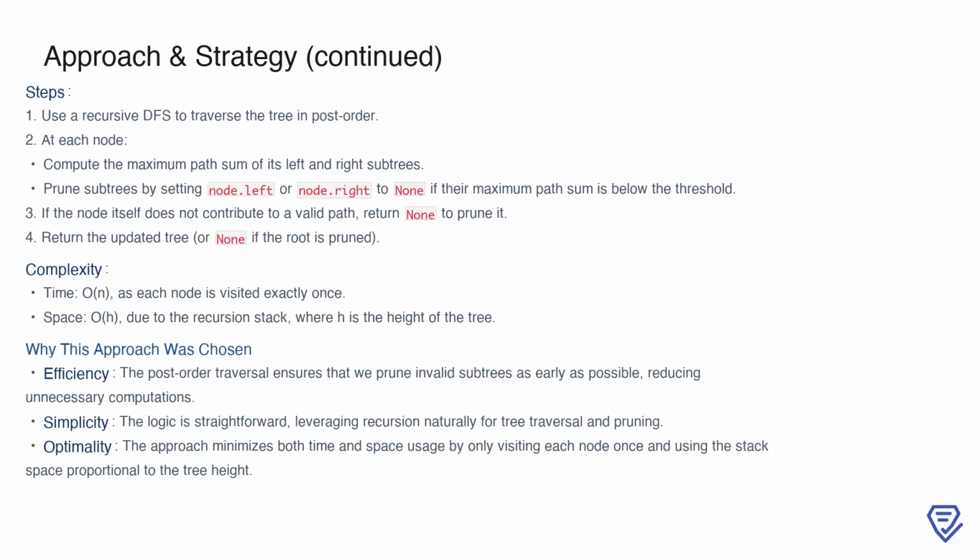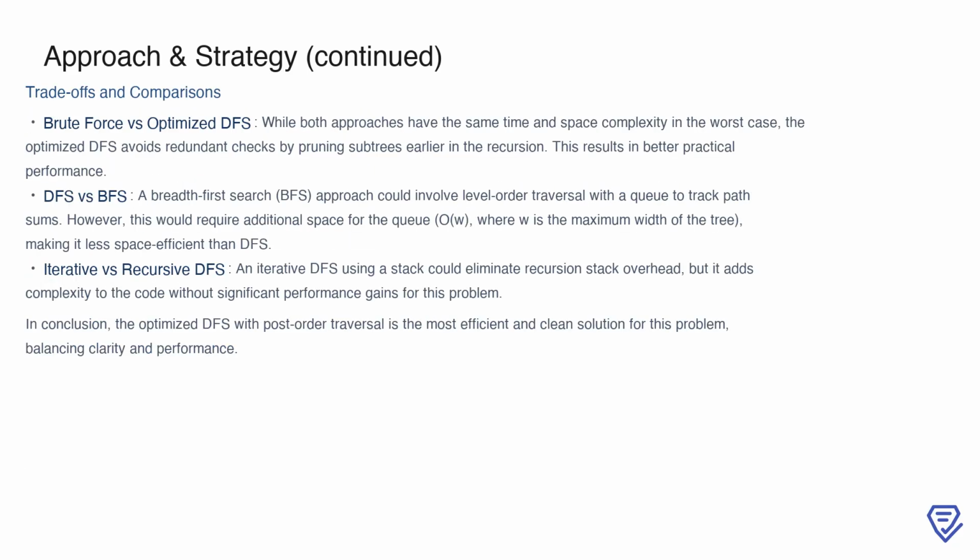The post-order traversal not only ensures efficiency but also keeps the logic simple and easy to follow, making the solution both clean and optimal. When comparing the brute force and optimized DFS approaches, both have the same theoretical time and space complexity in the worst case. However, in practice, the optimized DFS performs better because it avoids redundant checks by pruning invalid subtrees earlier in the recursion.